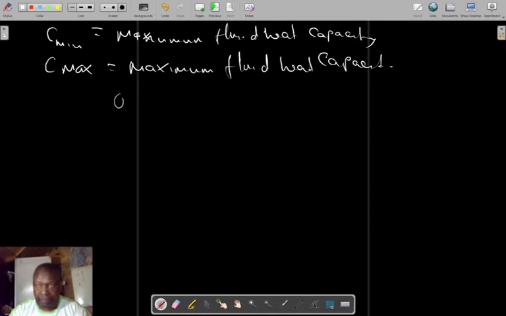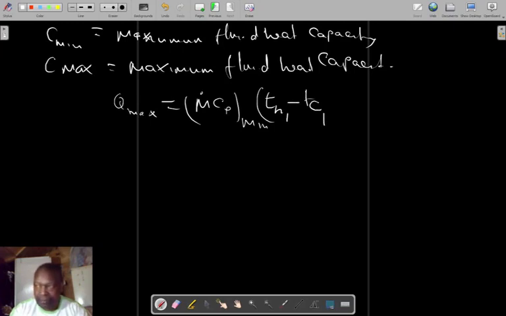So Q maximum is equal to m dot Cp, which is the minimum, times the maximum temperature difference available, that is the temperature of the hot stream at inlet minus the temperature of the cold stream at inlet, Th1 minus Tc1.